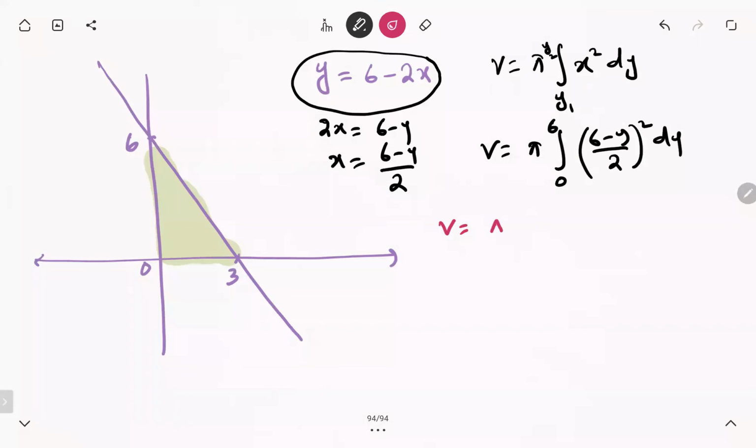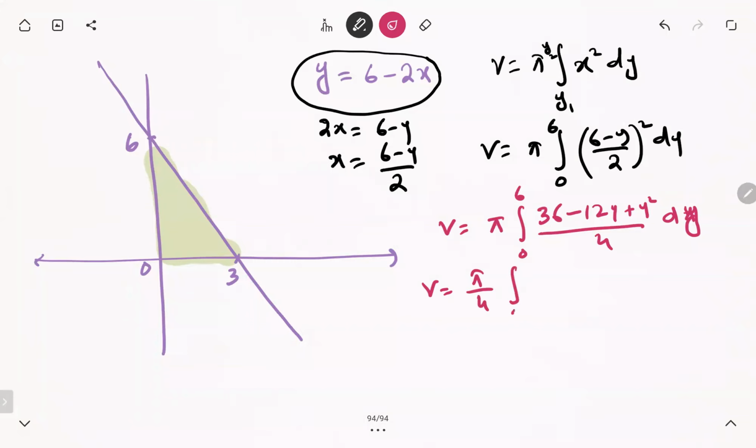See here. If I open the square, 6 square is 36 minus 12y plus y square, over 4. I can keep that 4, which is a coefficient, a constant, outside. So 0 to 6, 36 minus 12y plus y square.